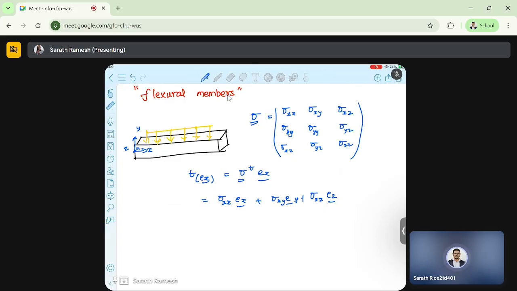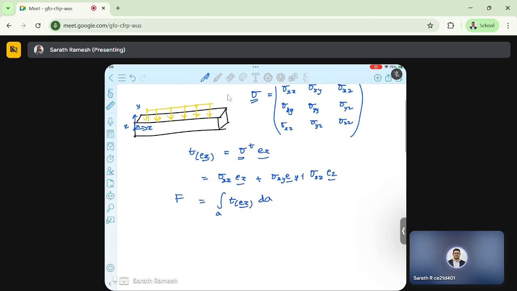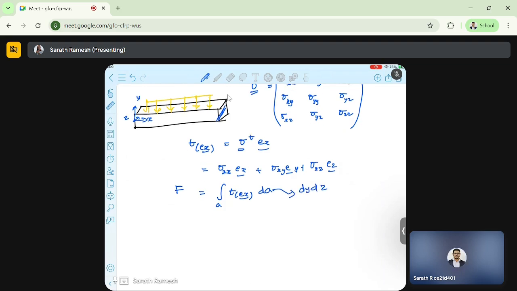Now, if I want to find the net force, I need to integrate this traction over the cross-sectional area dA. Here I am taking an area perpendicular to the x-axis, so dA will be dy dz. This gives rise to three force components: the axial force along the x direction, and the two forces along the y and z directions, called the shear force along y and the shear force along z.